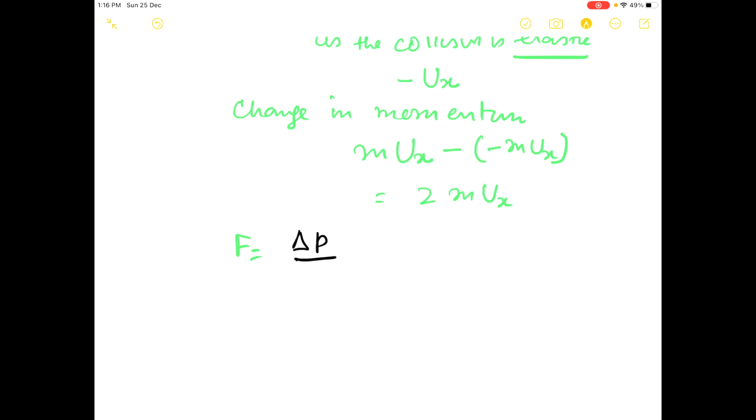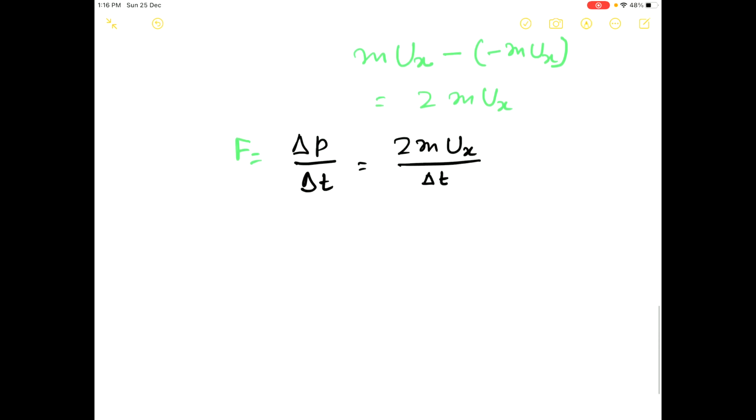Then force is equal to delta P by delta T, which is 2mux divided by delta T. And delta T is equal to d by s, the distance travelled between two collisions divided by the speed.